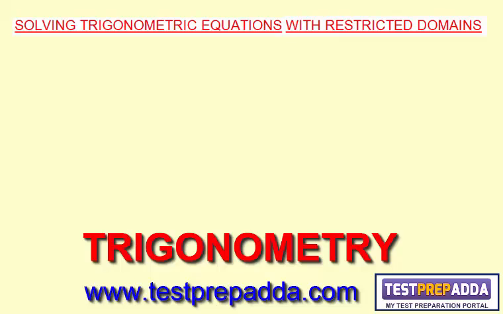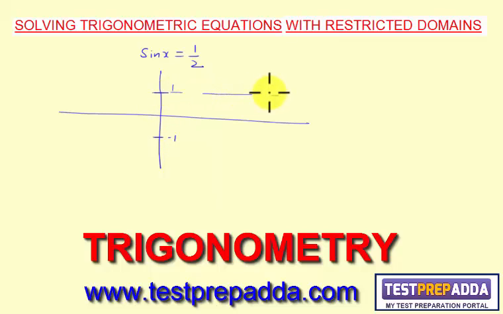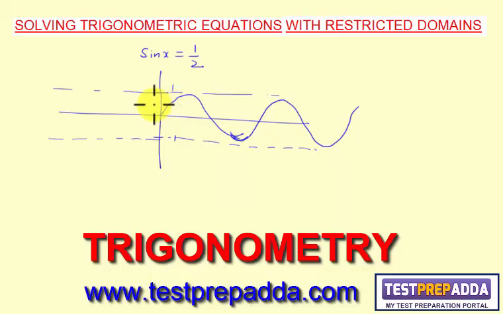For example, if I say sin x is equal to half, and if I draw the graph of sin x, as we know, maximum value 1, minimum minus 1, sin x is equal to half will be this.